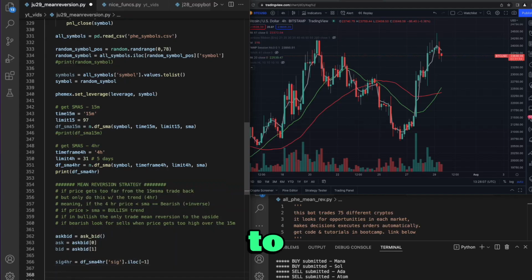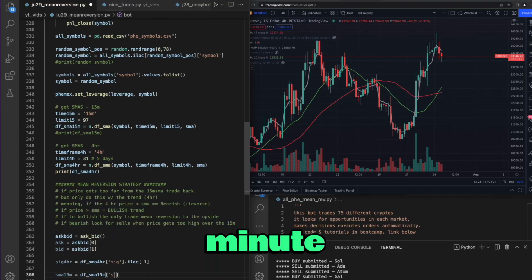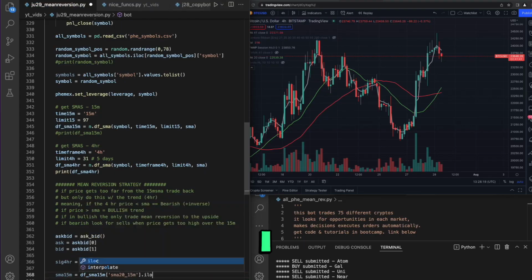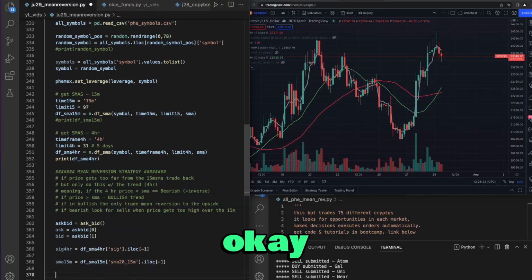And then we want to get the SMA 15-minute equals DF SMA 15-minute. Remember, we made those SMAs just a minute ago. SMA 20 and then 15-minute .iloc -1.